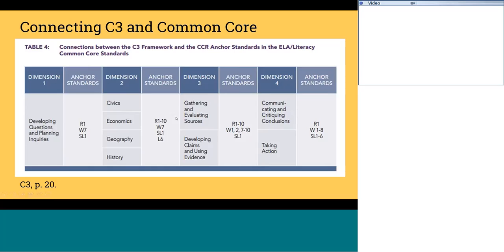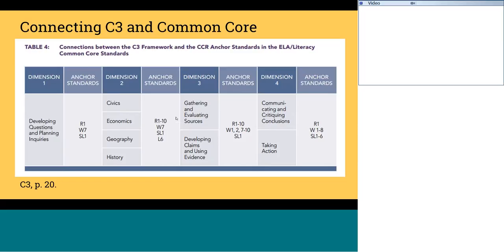What we see here is basically a table that shows the connections between the C3 frameworks and the Common Core anchor standards for ELA and literacy. What you can see here is that each of the dimensions that's listed for inquiry, dimension 1, 2, 3, and 4, aligns pretty well with the anchor standards for the Common Core.